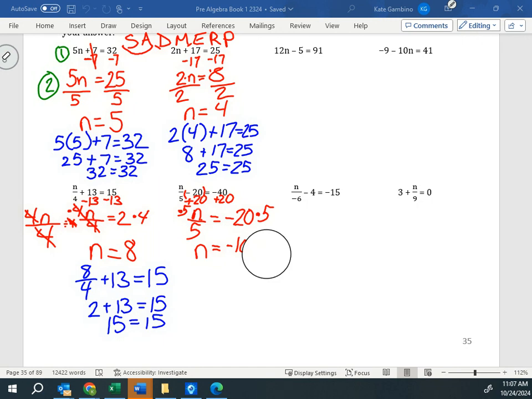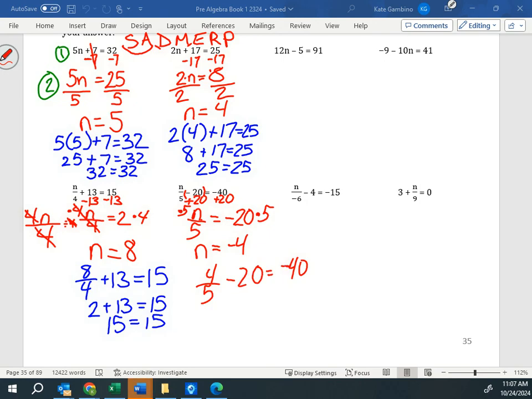If we accidentally put what Graham did, when we accidentally divided, when we go back and check our answer, negative 4/5 minus 20 equals negative 40.